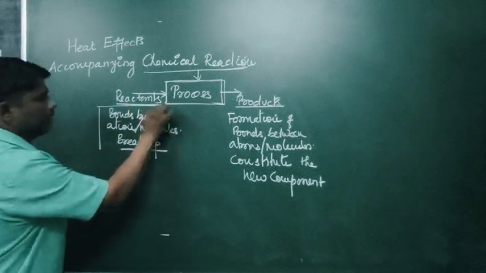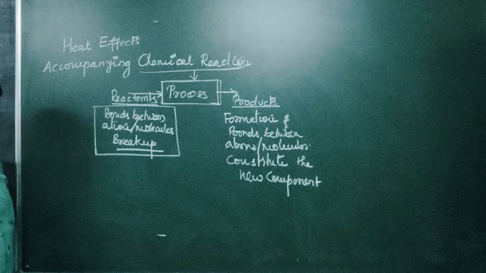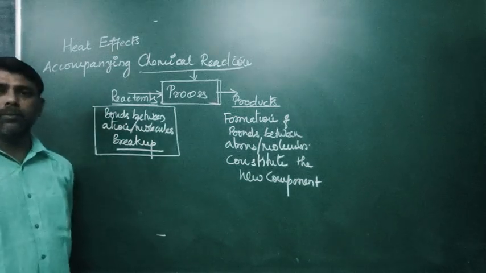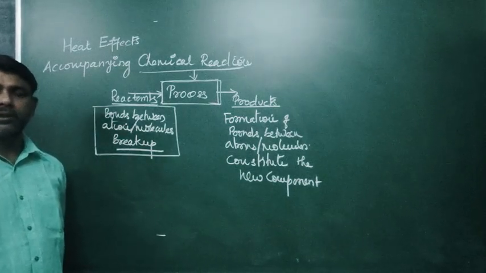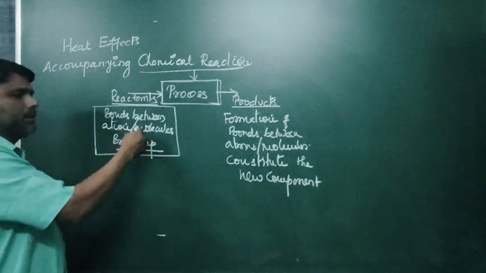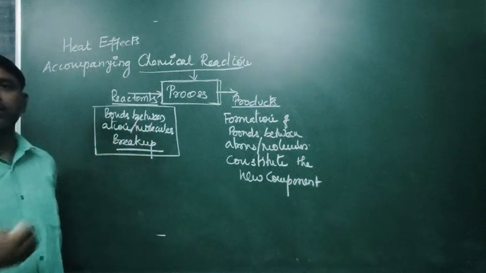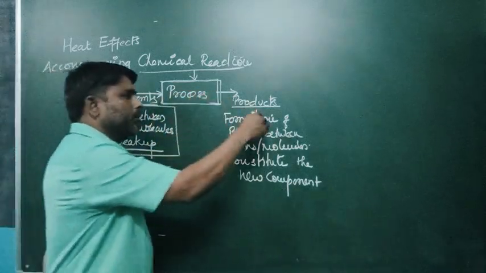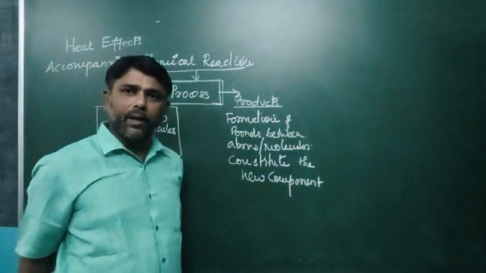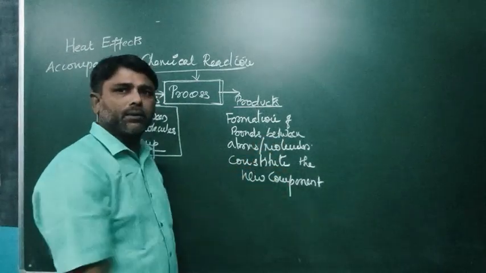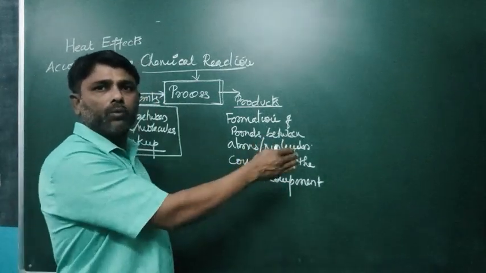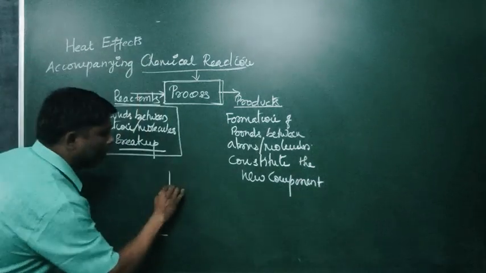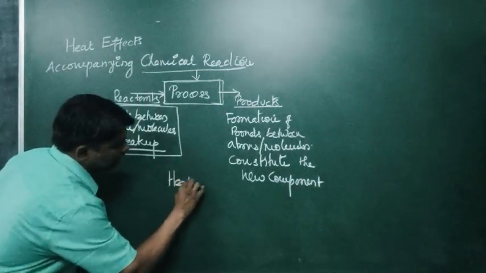Right. During the breakup of bonds, definitely there will be an exchange of heat. Either you are going to add heat or a certain amount of heat can be evolved. Similarly, during the formation of products, heat can be added to the system or removed from the system.